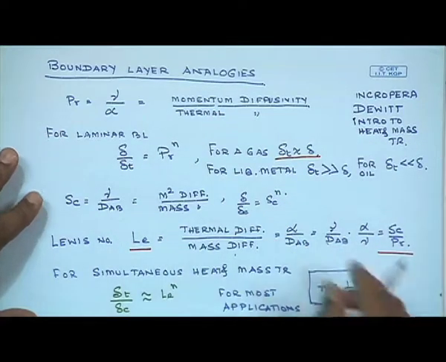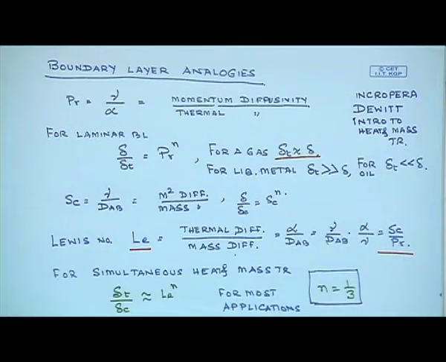These analogies, the equations, the functional forms, all are from Incropera and DeWitt. So, take a look at it. It is very well described in the book, and I don't think you will have any problem understanding, but if you do, please write to me, and I will try to clarify any doubts that you may have.